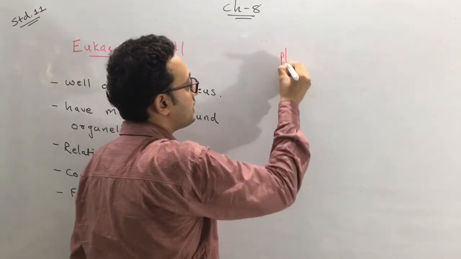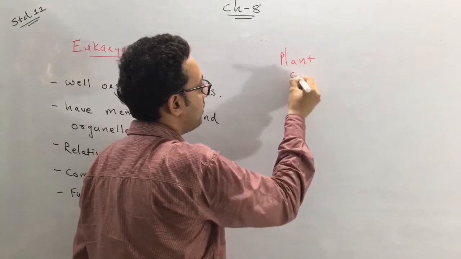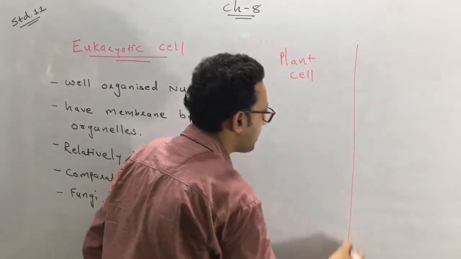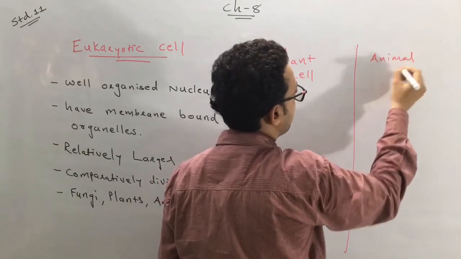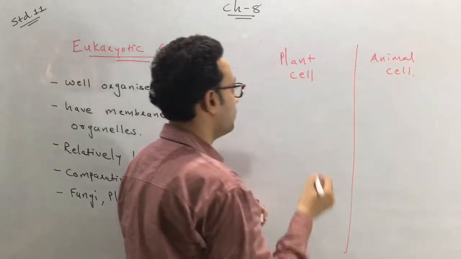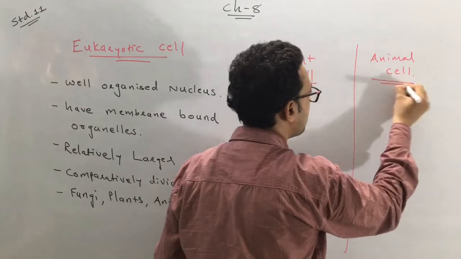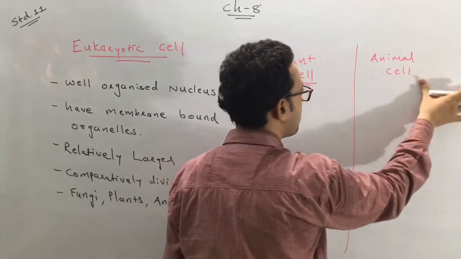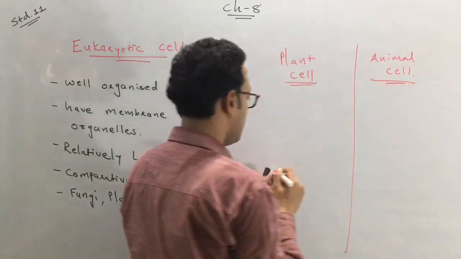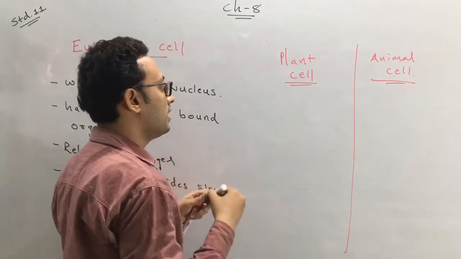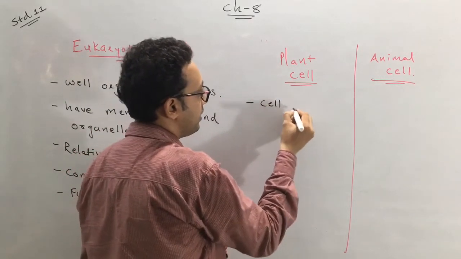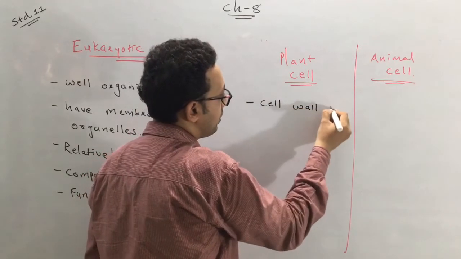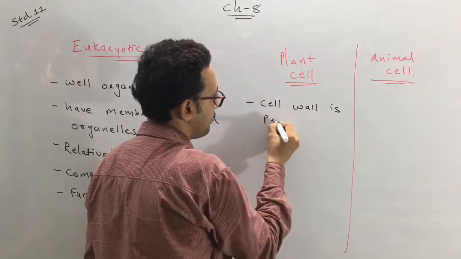So just see the difference between the plant cell and the second one, the animal cell. The first difference: in a plant cell, there is a presence of cell wall. So I write down, cell wall is present.